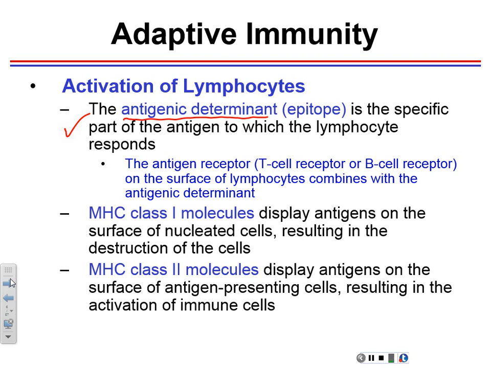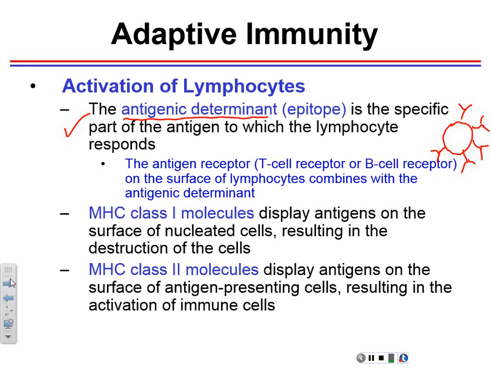So there will be an antigen receptor on the T cells or the B cells, on the surface of those lymphocytes. Usually the antigen receptor on the B cells is an antibody. So B cells have antibodies that act as receptors on the surface of the B cell. We'll talk about the different kinds of antibodies, immunoglobulins.